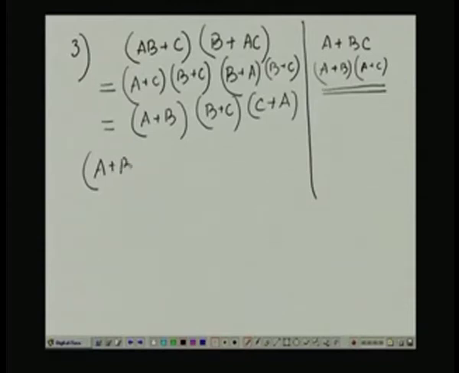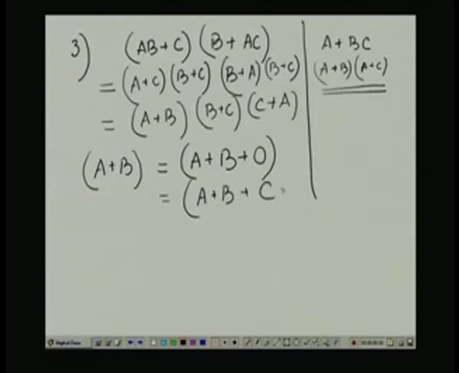Now, what I can do in the product term, because C is not there, the literal C is absent in the first term. So, I have to introduce C. How I am introducing it: A plus B, now here I add plus 0, as if this becomes 0. Now 0 I can replace with C C bar, because C was not here.